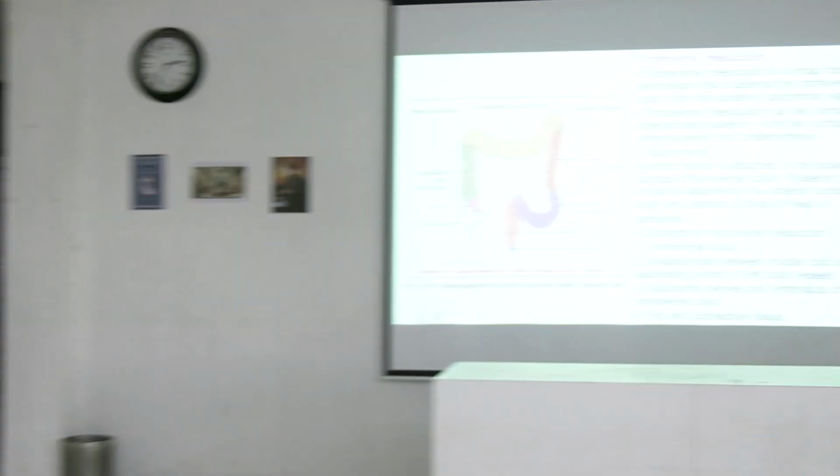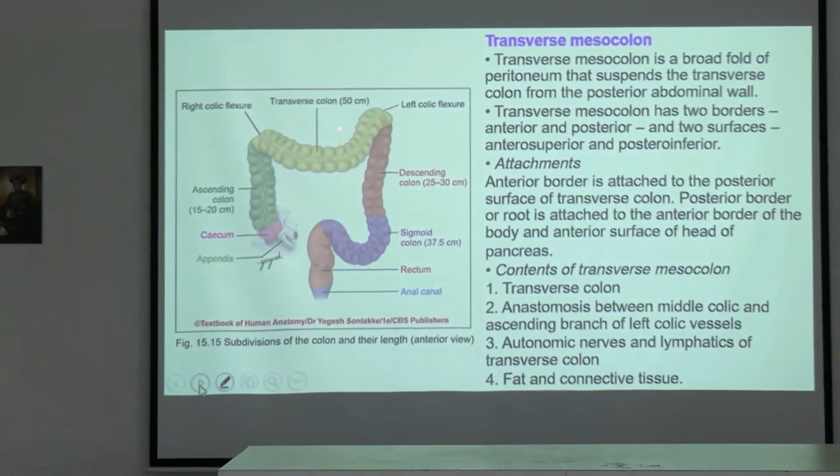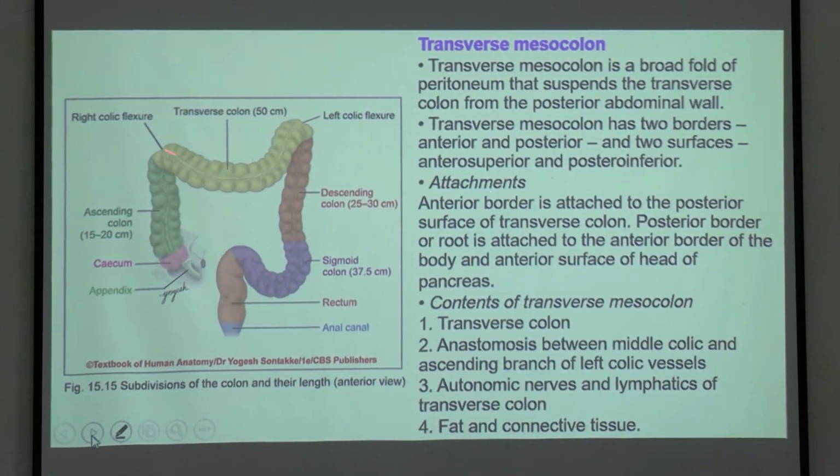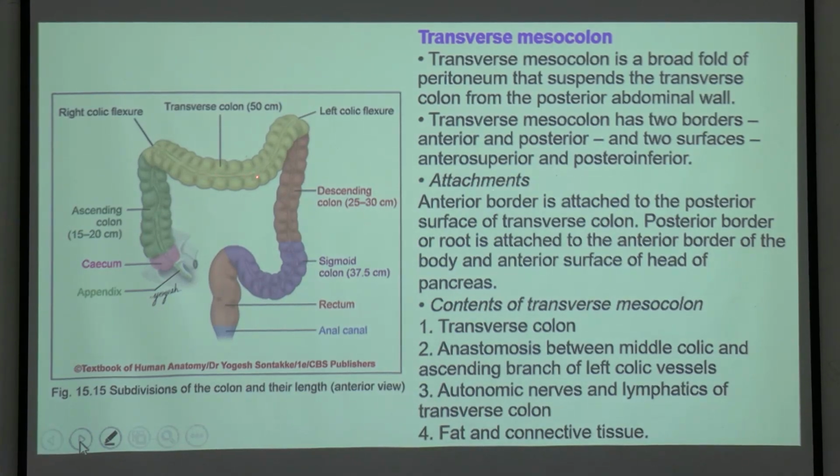And the parasympathetic is contributed by the vagus. The vagus will supply up to this junction, up to the right two-third of the transverse colon.